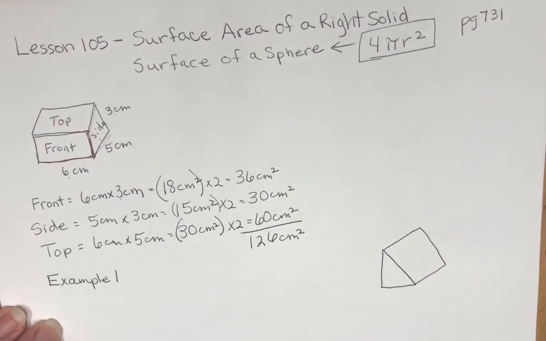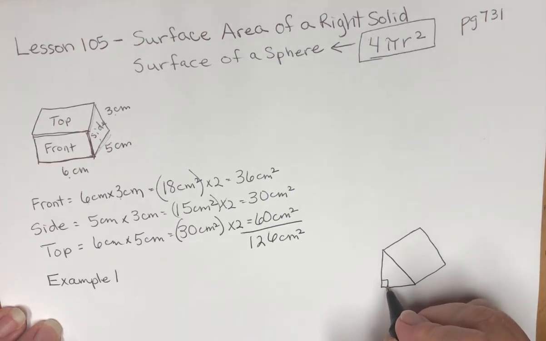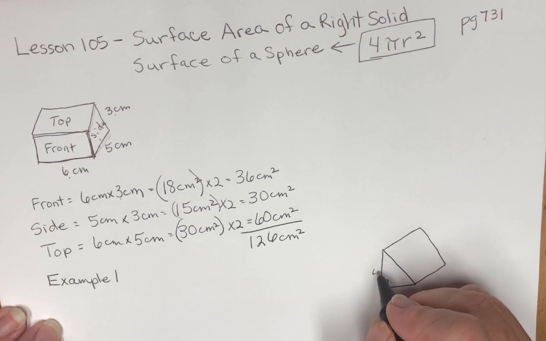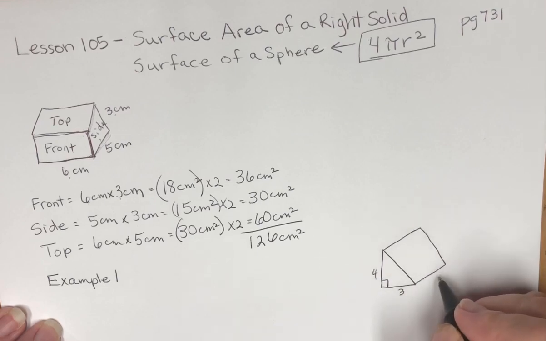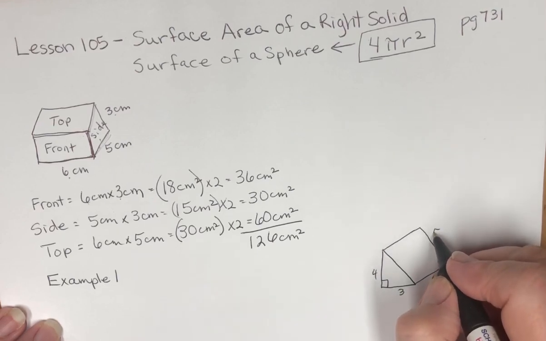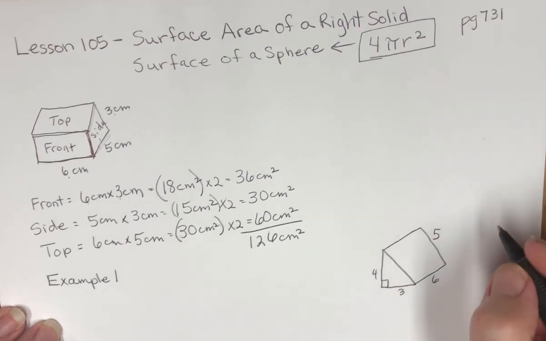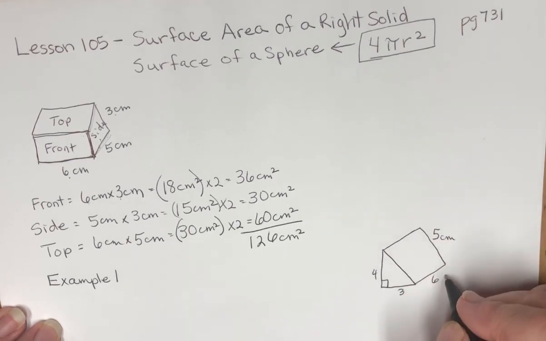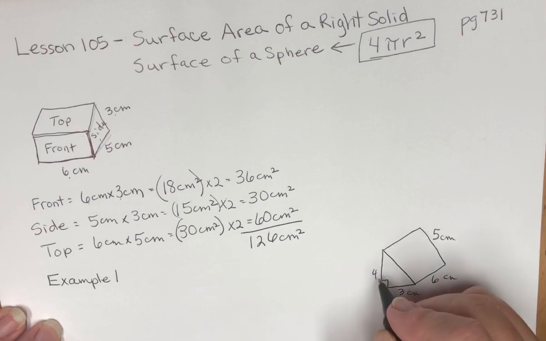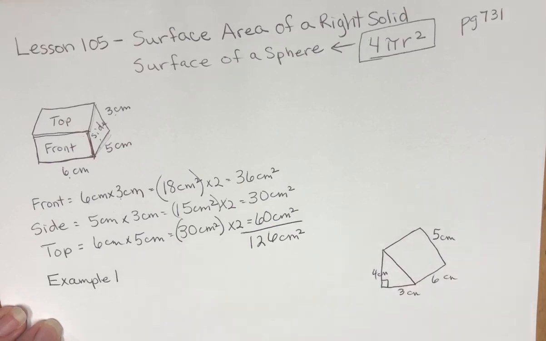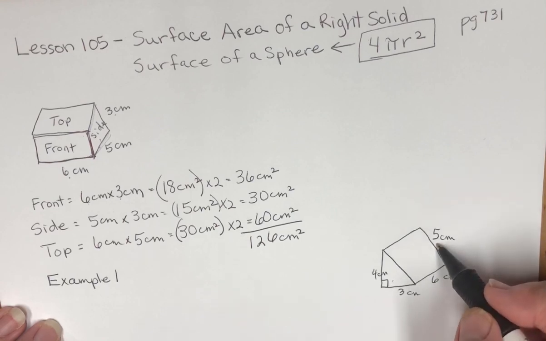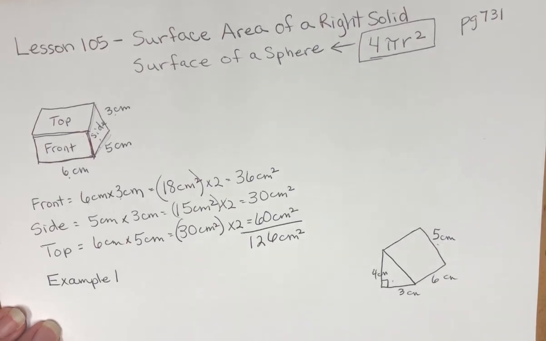First we need to figure out the dimensions: this is 90 degrees, 4, 3, 6, and 5, and everything's in centimeters. I have a triangle here that matches a triangle on the other side, but that's the only thing matching in this drawing.